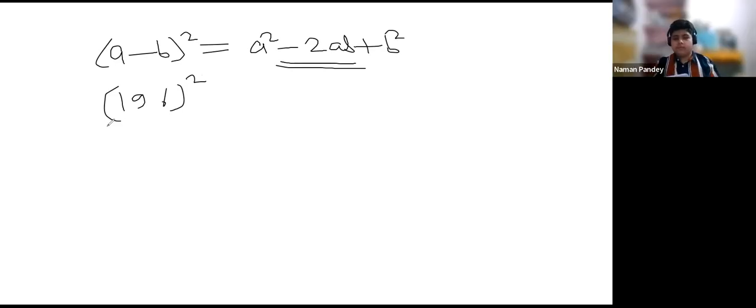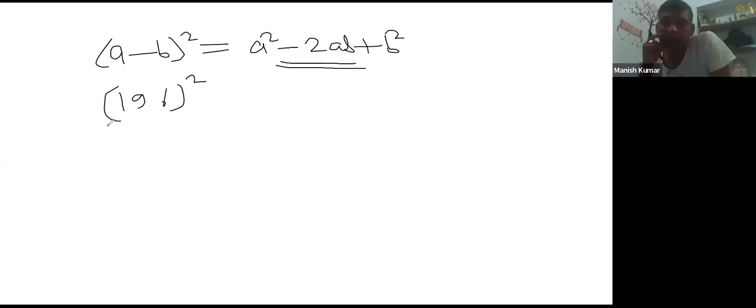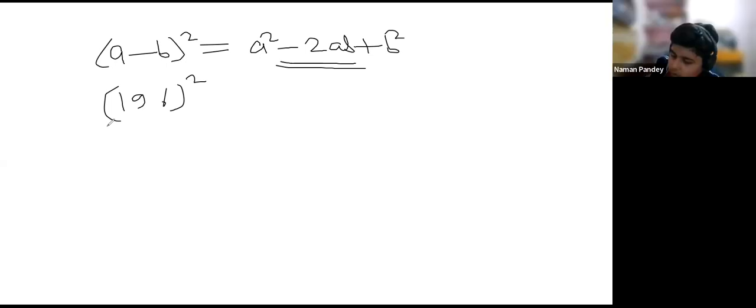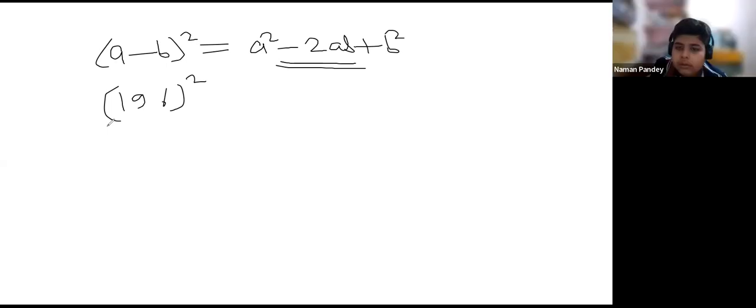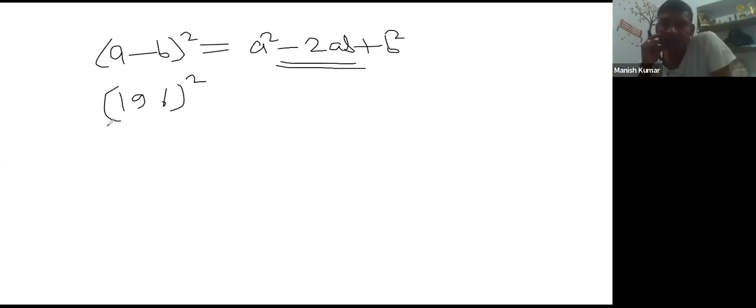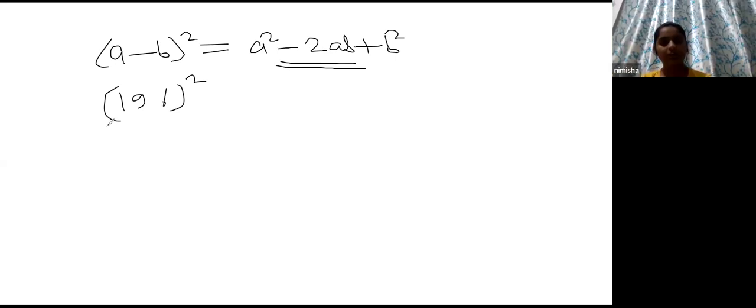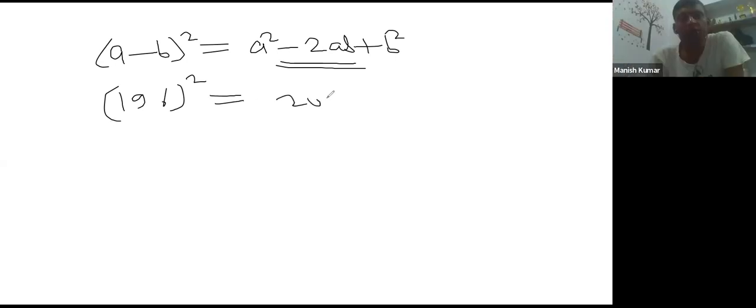Nimisha: 200 minus 4 square. Good. Here we can write 200 minus 4 whole square, okay?